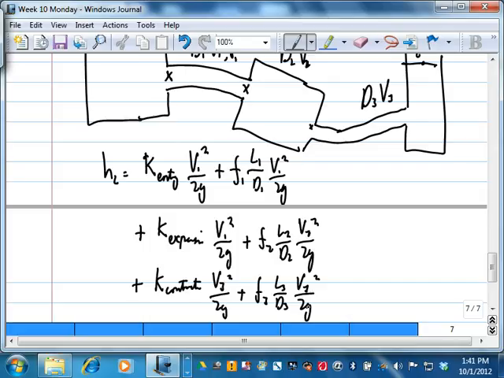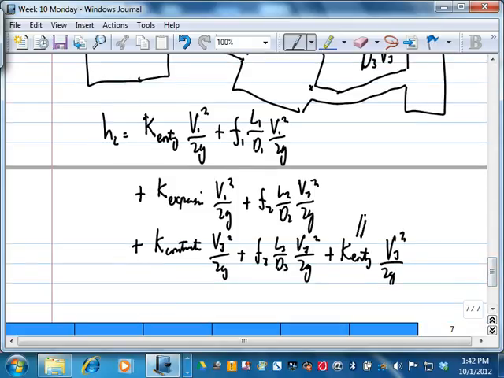Again, the K for the contraction is based on the higher one. Between V2 and V3, obviously V3 is higher, it's contraction. So that's the minor losses, and one more: plus K exit times V3 squared over 2g.